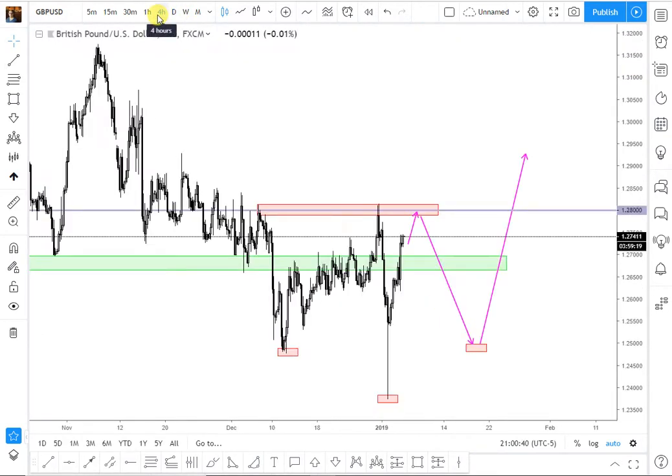In the smaller time frame here, we have this resistance channel or resistance zone around 1.28, which is a psychological level.